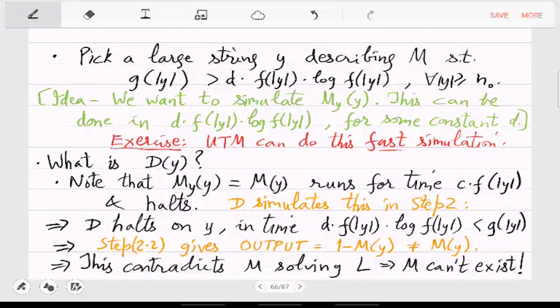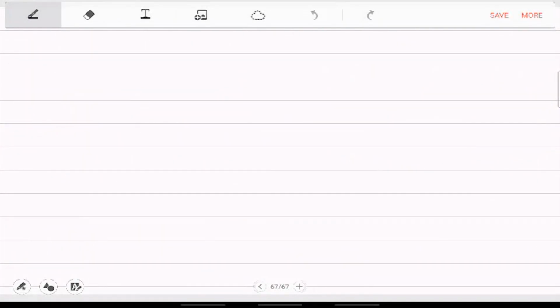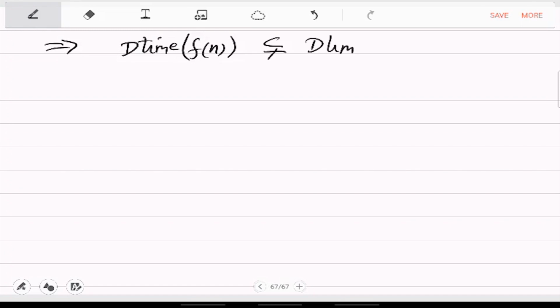And once you have shown that, you have an extra problem in DTIME(G(n)). So DTIME(F(n)) is a proper subset of DTIME(G(n)).